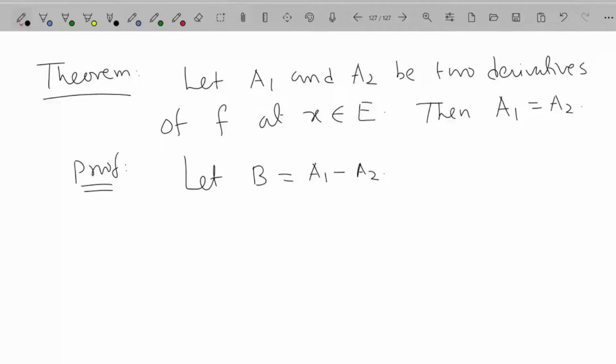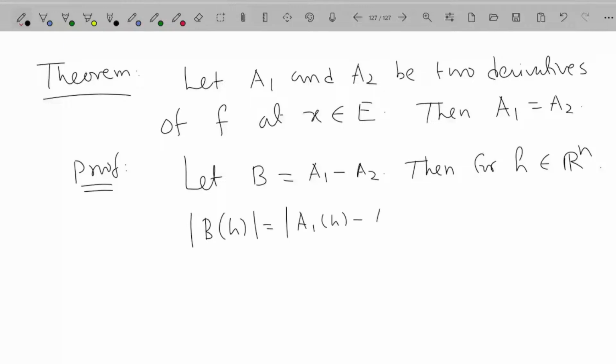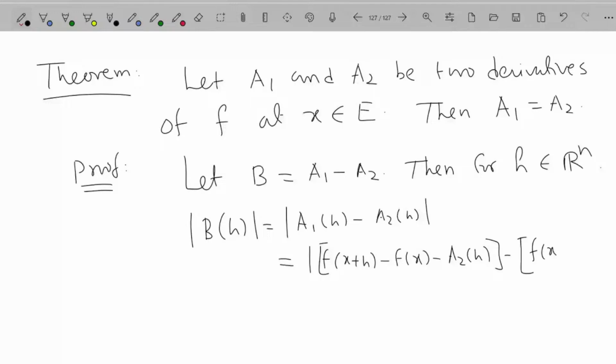Then for h belonging to Rn, mod of Bh is nothing but mod of A1h minus A2h. This can also be written as mod of [f(x+h) - f(x) - A2h] minus [f(x+h) - f(x) - A1h].